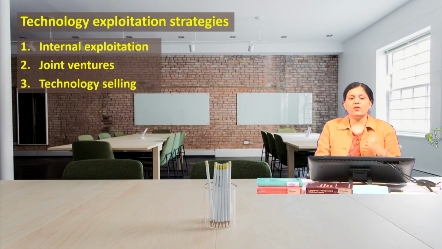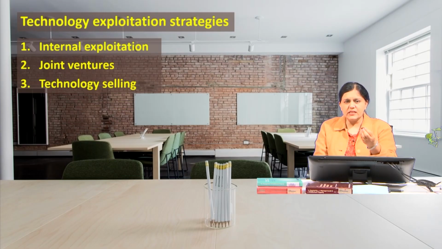Next is technology selling. A simple example I can give: suppose I am a professor in an academic institute, or an individual, and I develop some technology. I will file a patent for that and then I will sell it completely to some potential buyer. When I say it, it looks very easy, but it requires planning.